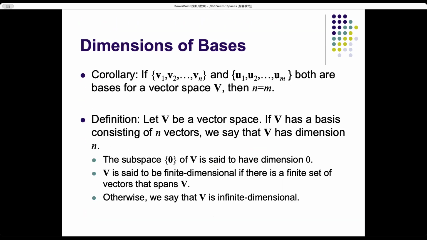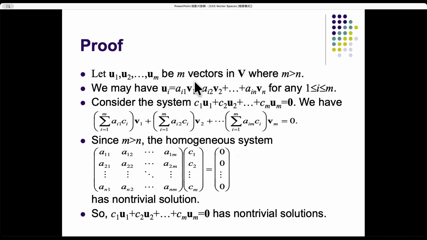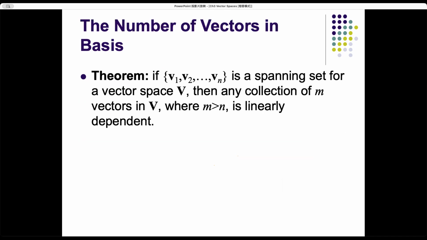But then we have an issue. Why? Because in the previous theorem, we showed that if we have a spanning set with n vectors, then any set of vectors greater than n cannot be linearly independent, right?